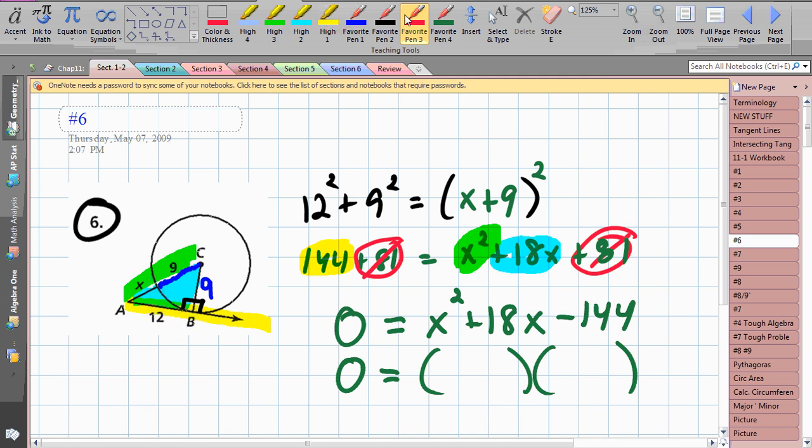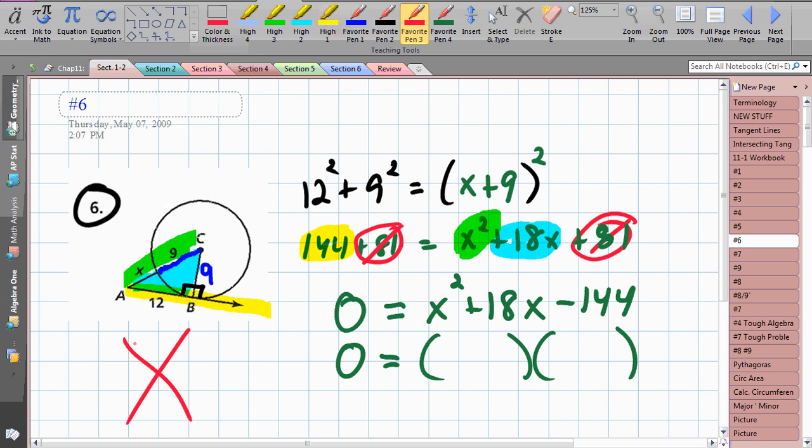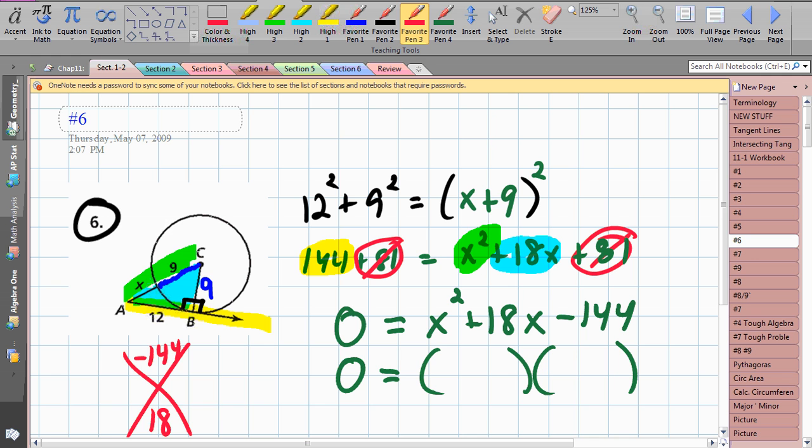And so basically, I'm going to take out my calculator and start thinking about factors of negative 144 that add up to be 18. So just give me a moment here. So I'm going to take 144 and start dividing it by some numbers. And I think 24 times 6 is going to be the key here. Well, 24 times 6 is 144, but I want it to be negative 144.